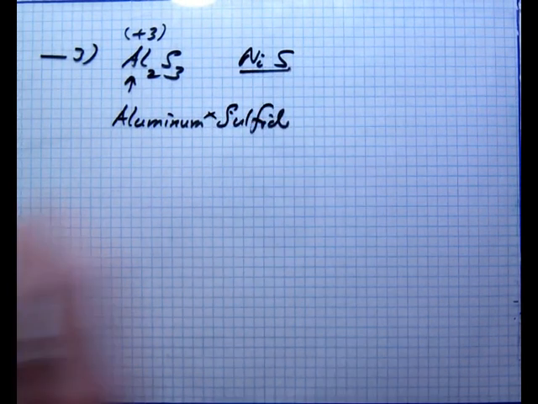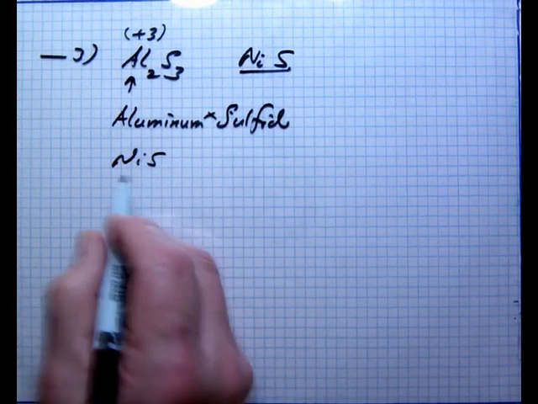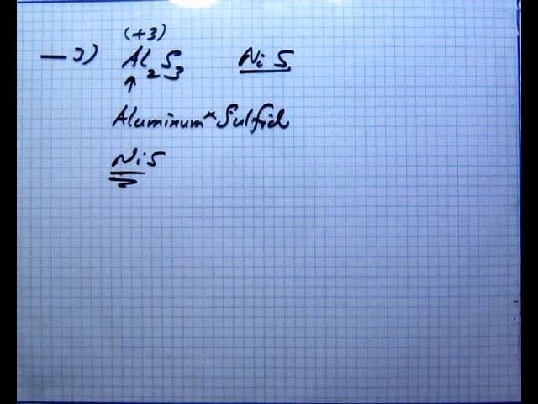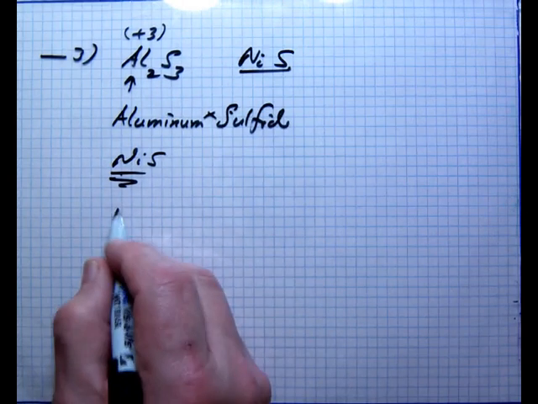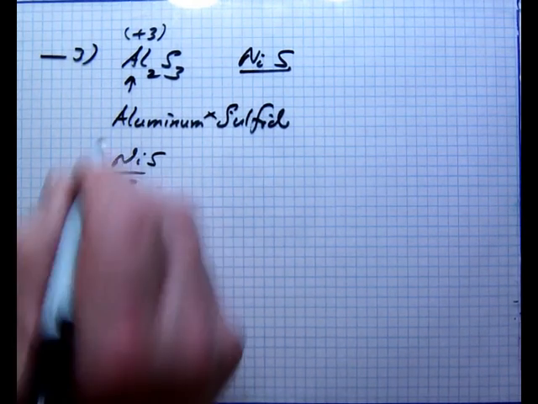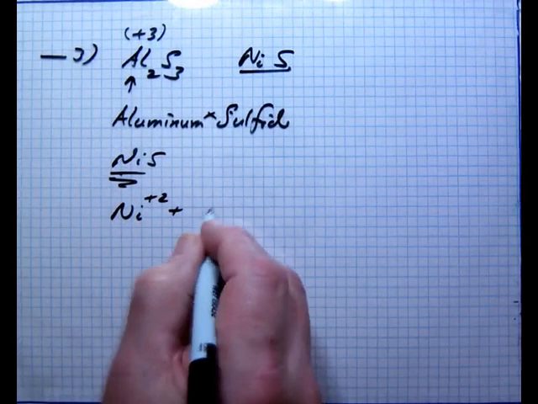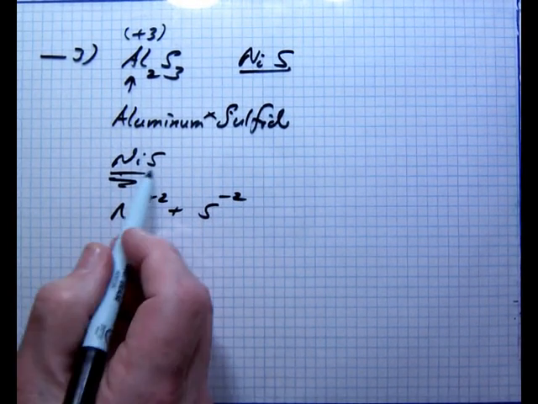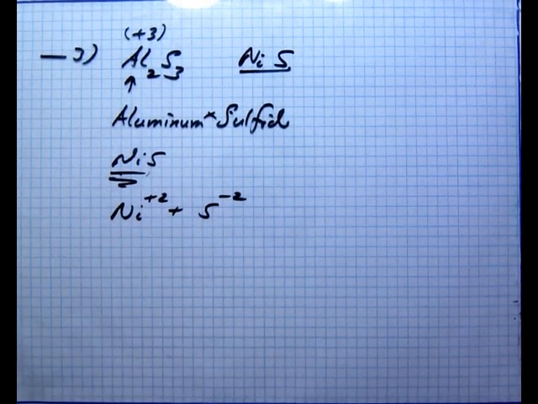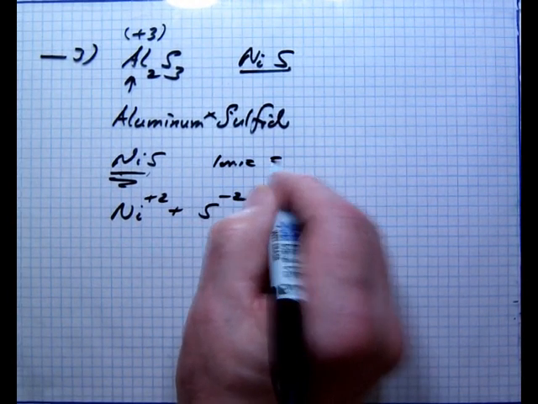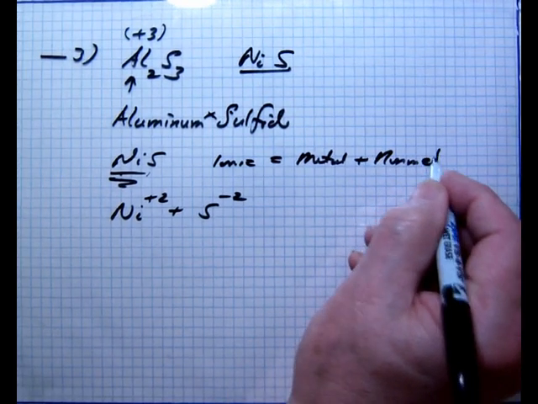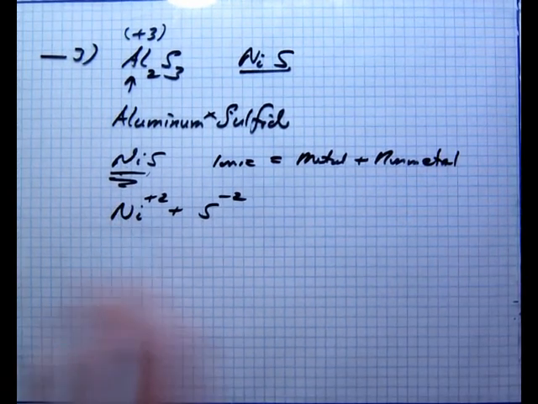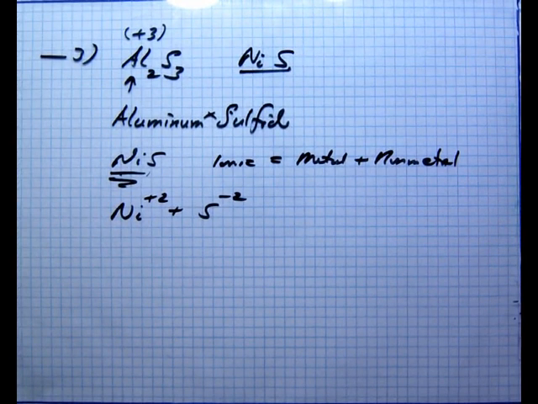Now nickel sulfide, let's come down here. Nickel sulfide has two notes you need to make. One, nickel in this particular case is a +2 and sulfur is a -2. But you don't see the subscripts down here. Remember what I said in ionic compounds. Metal plus a non-metal, the subscripts have to be reduced to the smallest whole number ratio.